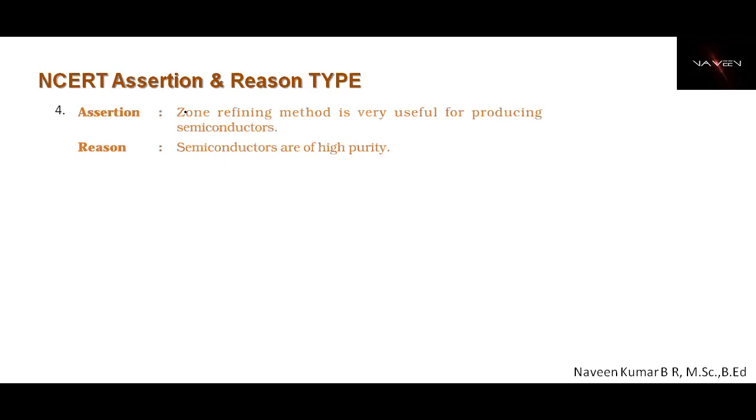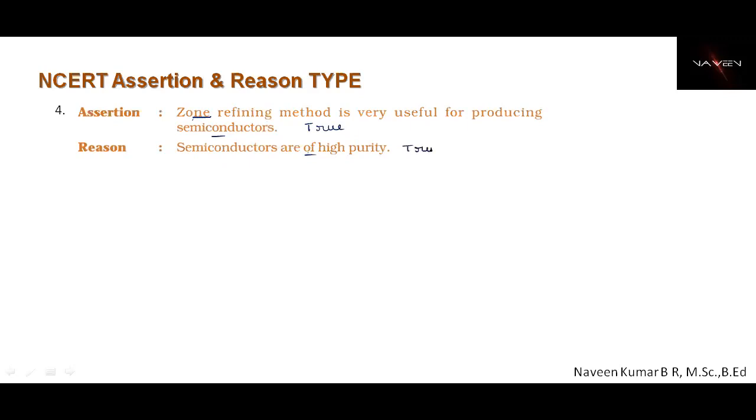Assertion statement: zone refining method is very useful for producing semiconductors. We know that semiconductors with high purity can be obtained by using the zone refining technique. Hence, it is a true statement. Reason: semiconductors are of high purity. So that is correct.